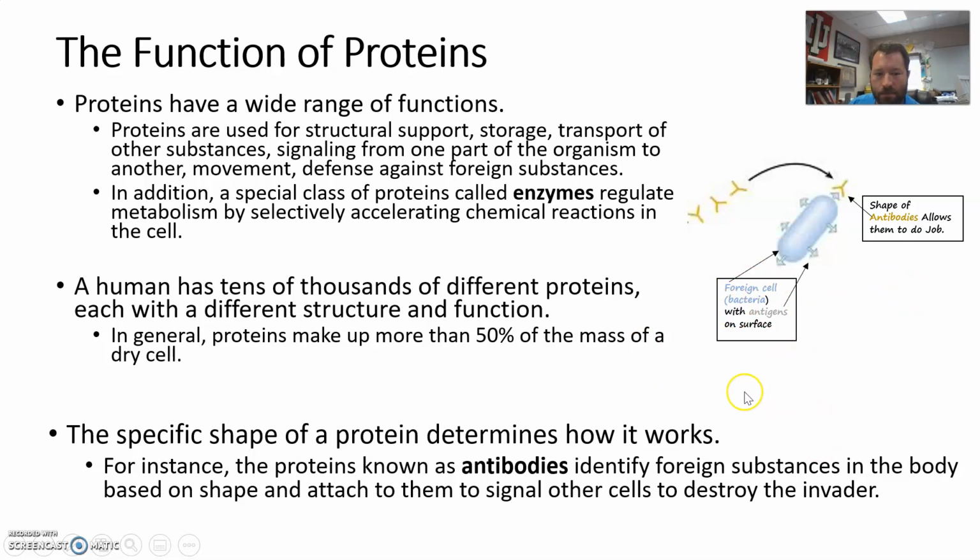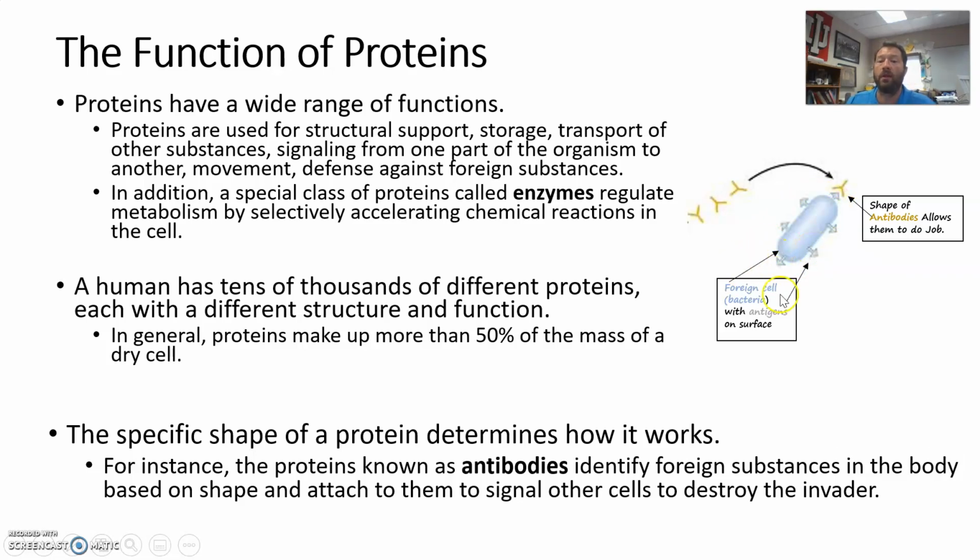One more time, because this is very important and you're going to hear it a lot, the specific shape of the protein is very, very important for how the protein works. The example I have up here is an antibody, which is a specific type of protein, and it's going to identify antigens on the surface of a foreign bacteria or a foreign cell, whatever that foreign cell is. So the shape of that antibody is really, really important. You'll notice the antigens, which are the surface proteins on the bacteria, have a triangular shape.